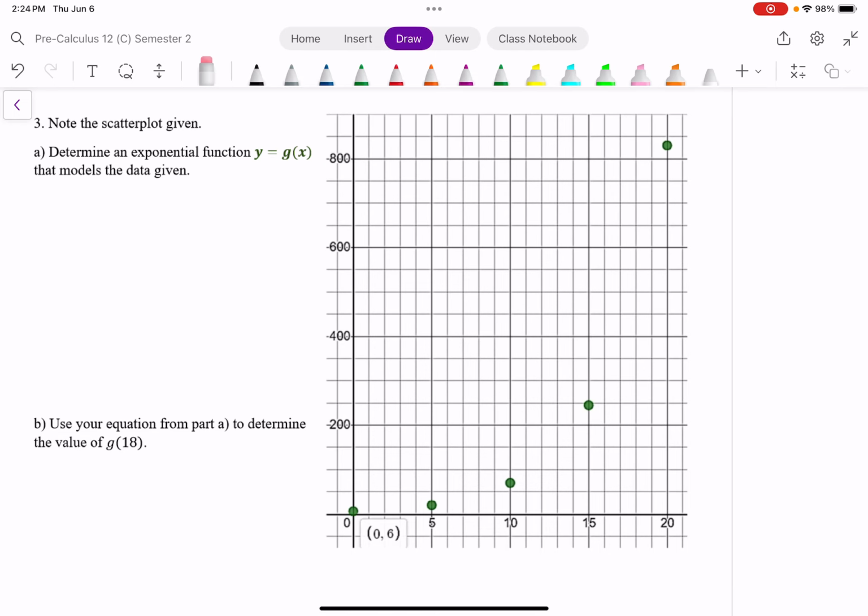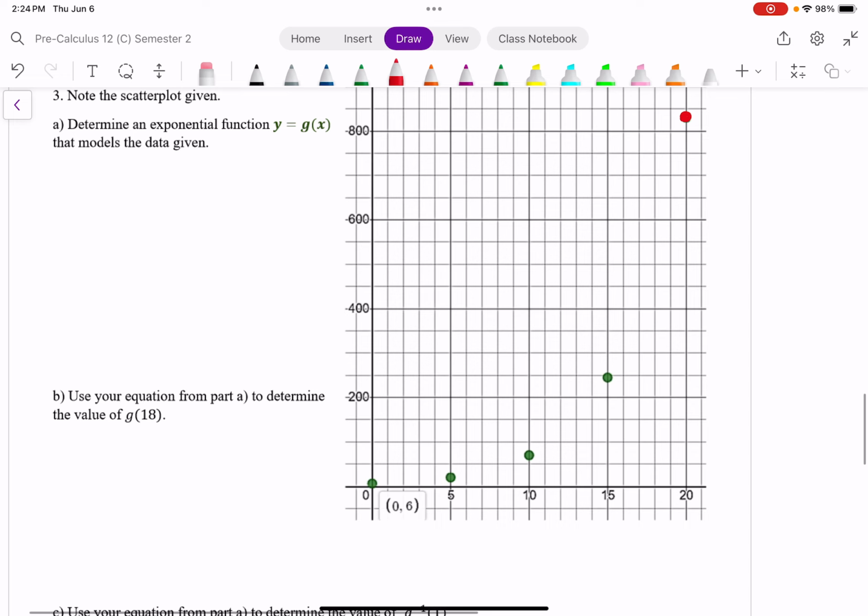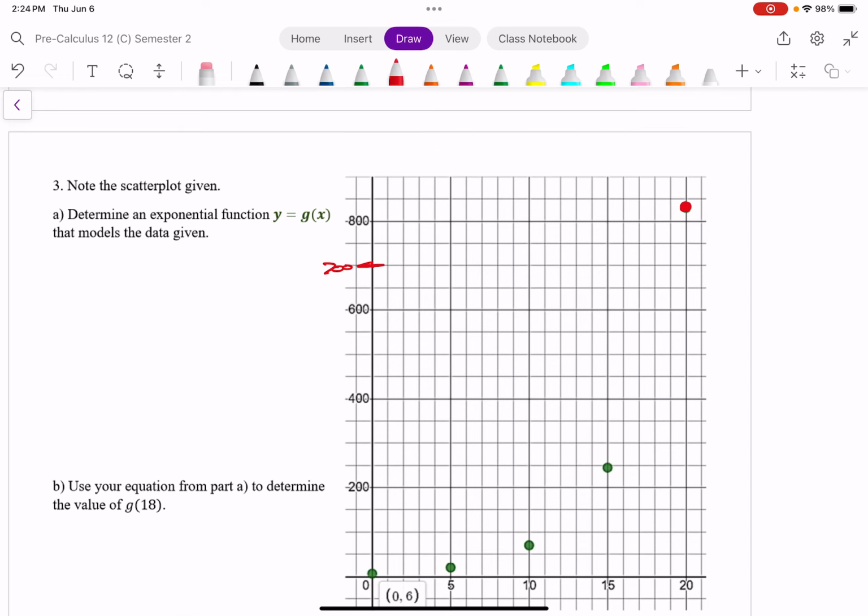That said, I'm going to pay attention to the first point as well as the last point, because whatever error I may have in my approximations here, I can minimize it by looking at the farthest point in the data as possible. So this point seems to be about, if I look at my scale, this is 700, so I can see my vertical axis is going up in 50s, and this is roughly halfway through.